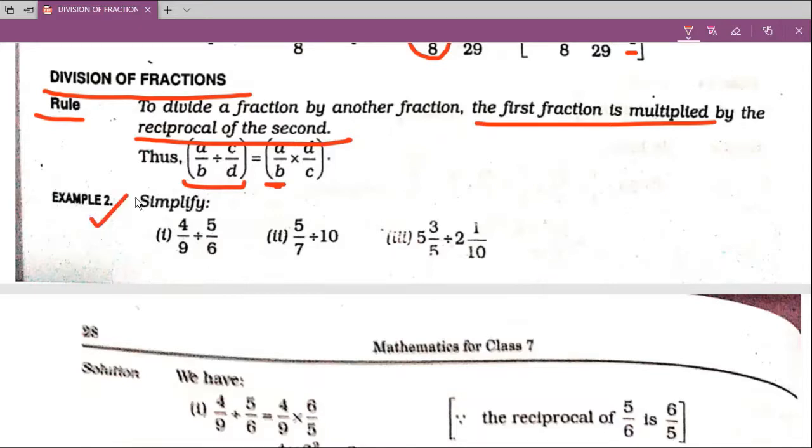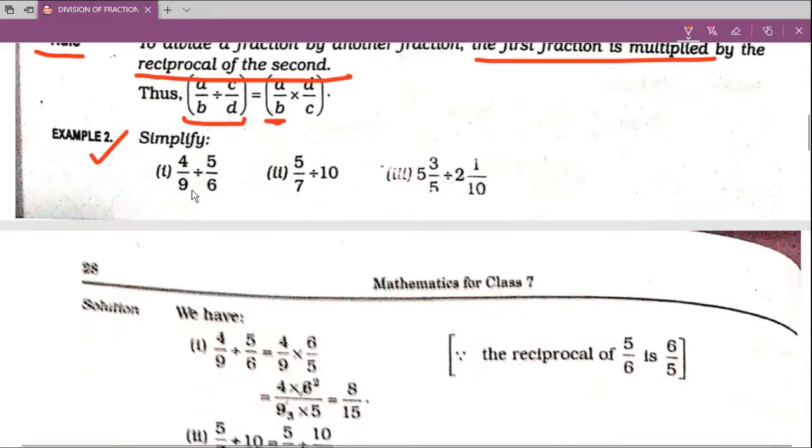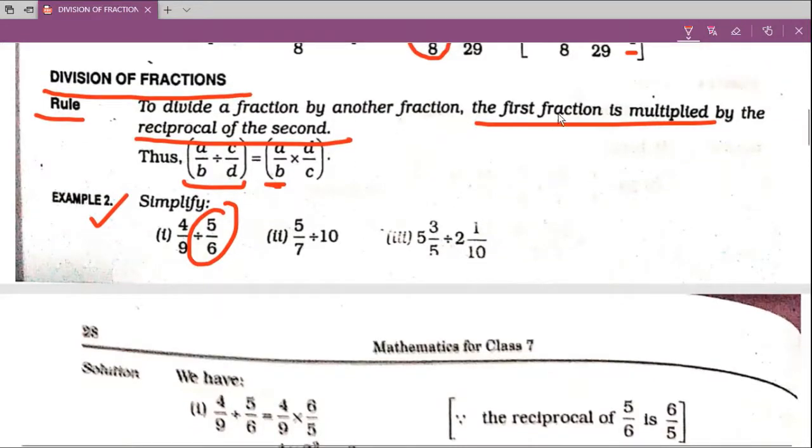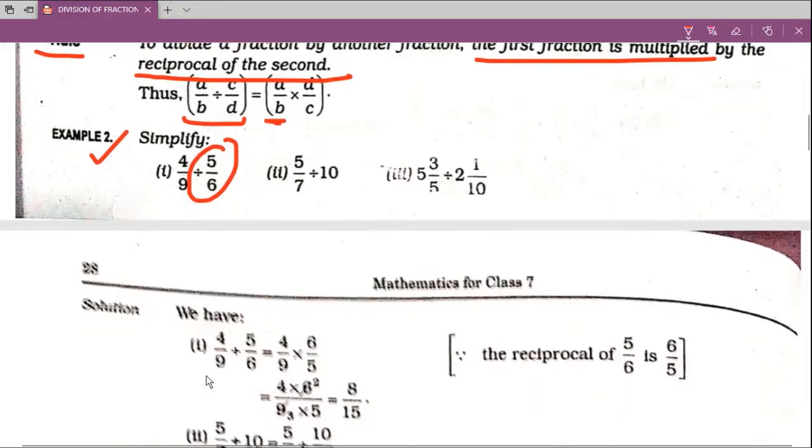For example, simplify 4 by 9 divided by 5 by 6. Once again, the first fraction, 4 by 9, is multiplied by the reciprocal of the given fraction.